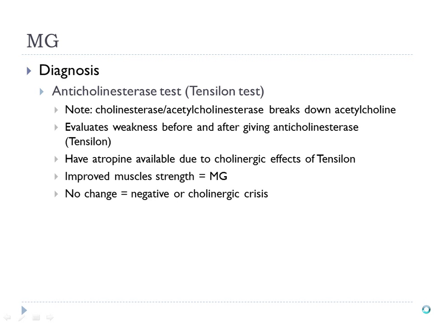Does that make sense? Yeah? No? So if we gave an anticholinesterase, it would prevent the breakdown of acetylcholine, so we should have improved muscle strength in MG. How's that measurable?